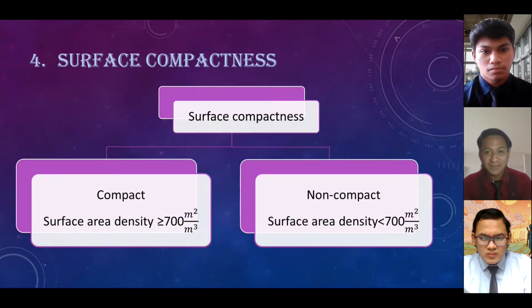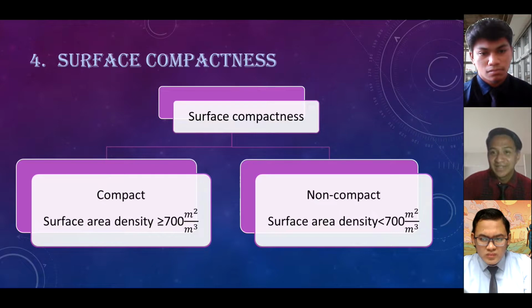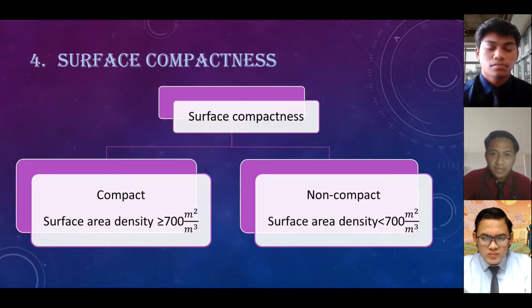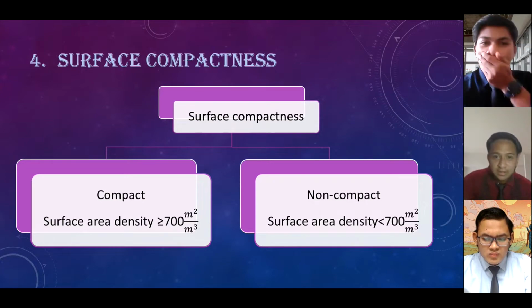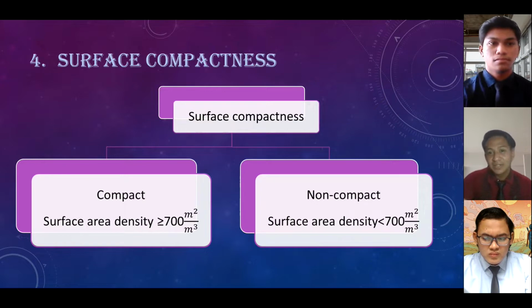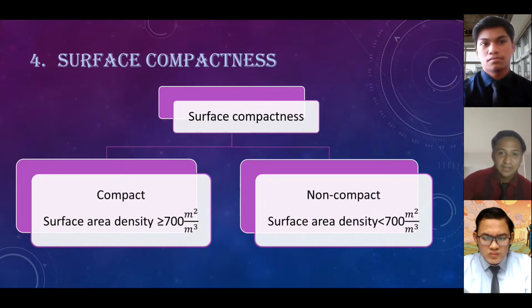And for a non-compact surface, the surface area density is less than 700 m² per m³. Each individual particle on the surface of an object is involved in the heat conduction process. An object with a wider area has more surface particles working to conduct heat. As such, the rate of heat transfer is directly proportional to the surface area through which the heat is being conducted.